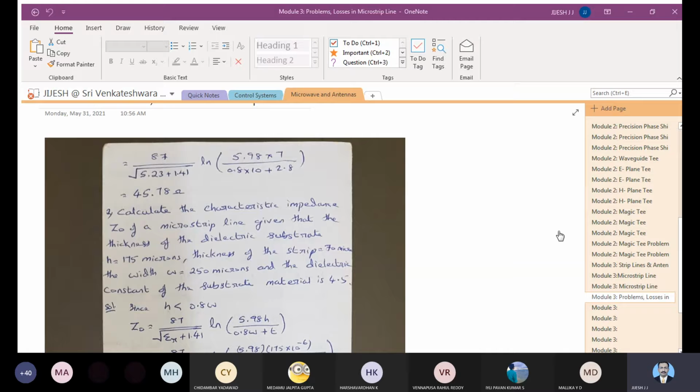Try to do the calculations. 48.483, yeah, fine, that is correct. So you will be getting that. All of you try to complete it.